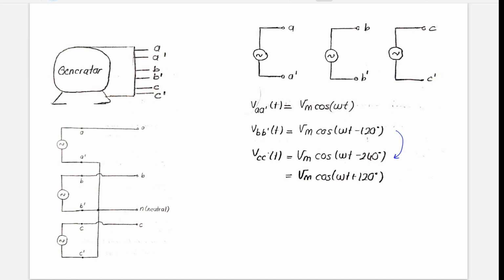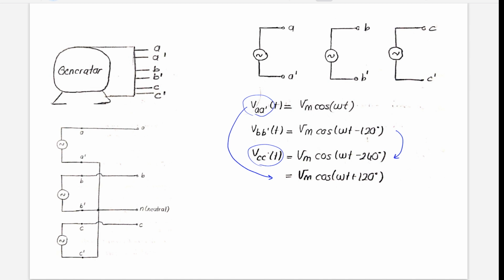Or we can say we can go 120 degrees counterclockwise from VAA prime to VCC prime. Okay, they are the same. These are called the three phases of the generator.